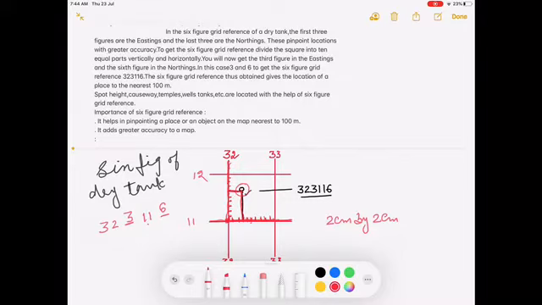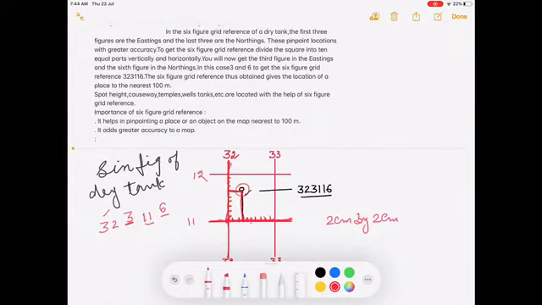This is the southwest corner of the map. Now you will write its easting. Easting is number 32. You have written 32 here. And what is the northing? Now give a gap here so that you can write the eastward number. And the northing is 11 because it is meeting here with the intersecting line.